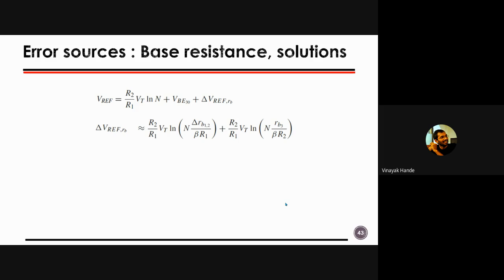That way, you can reduce the base resistance, and as you reduce the base resistance, definitely you can reduce the spread. This is a general technique people use: they connect more connections to the base, so that it has lesser resistance.